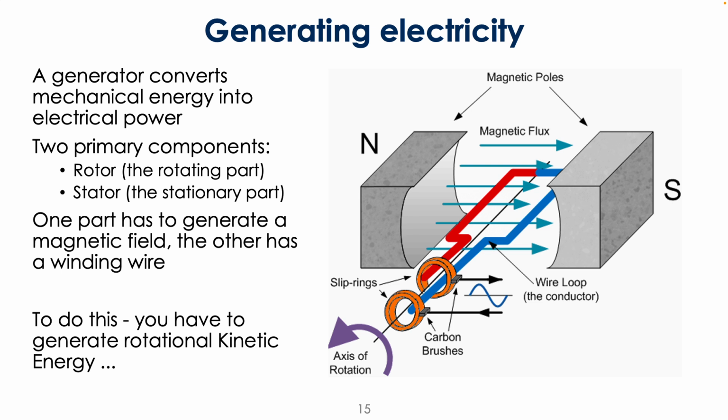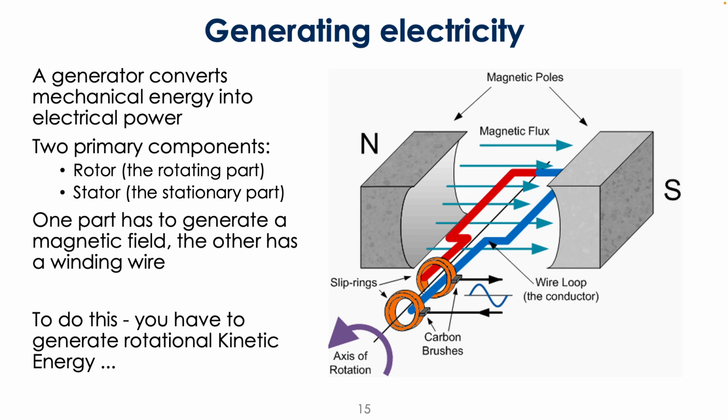So you've got two components, a rotor and a stator. Hopefully those names help you remember the pieces, right? The rotor is the rotating part and the stator is the stationary part. The rotor and the stator don't have to be specifically tied to the wire and the magnet.